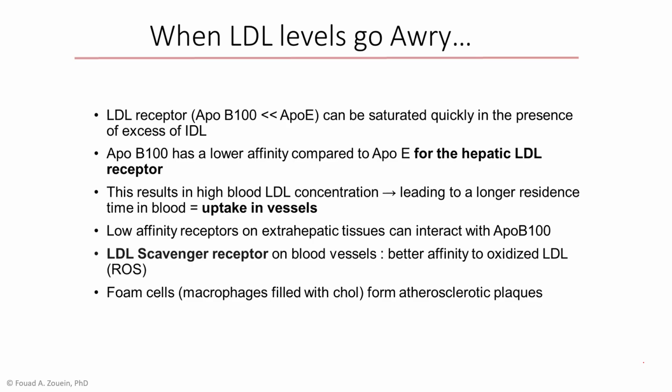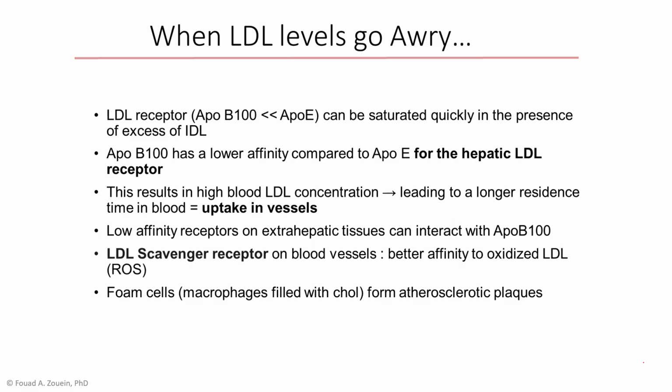So the high LDL level per se, if it stays in the blood for a long time, it gets oxidized. And when it gets oxidized, the ApoB100 and the lipid inside the LDL undergo peroxidation, and they become basically a very good target for what we call the LDL scavenger receptors.